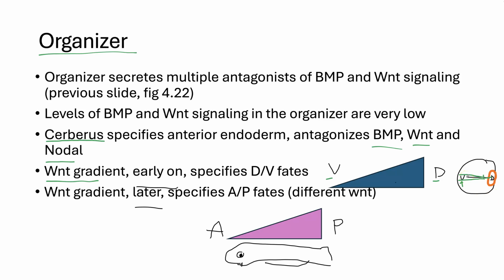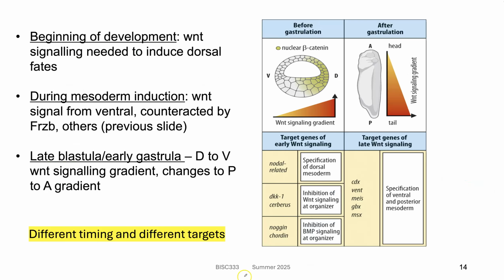So there are all these different Wnts, and they have slightly different targets, and the gradients happen at different times. So the dorsal ventral, then ventral dorsal, and then posterior anterior is another Wnt gradient. I just want to make sure that that makes sense.